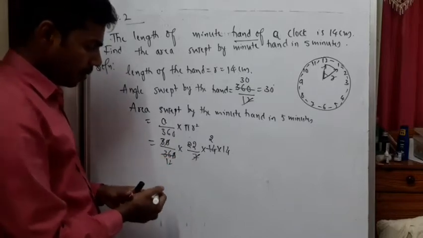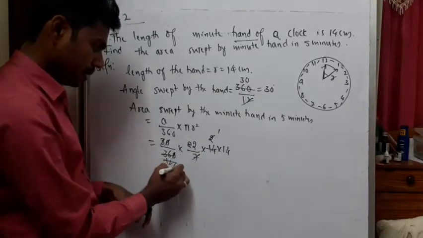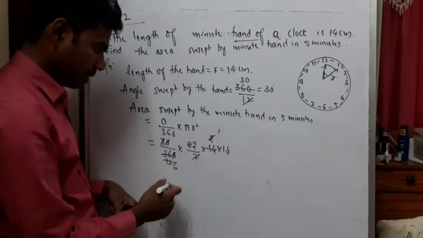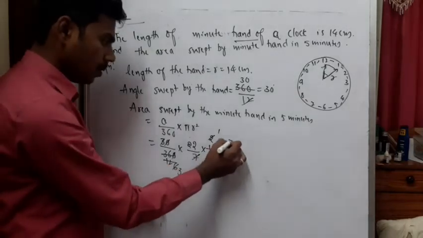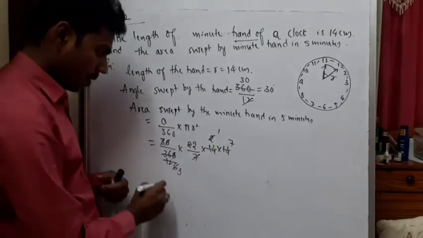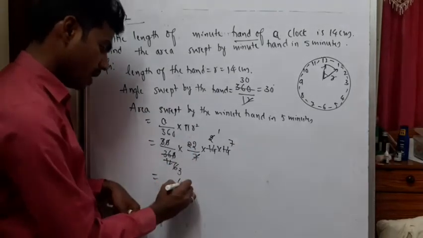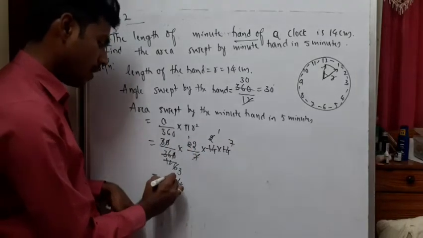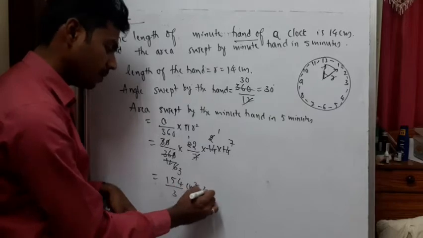Now what we can do? 2 ones are 2, 2 6s are 12. Next, 2 3s are 6, 2 7s are 14. What are we left with? 7 2s are 14, carry 1, 7 2s are 14 plus 1, 15. 154 divided by 3 centimeter square. This will be your answer.